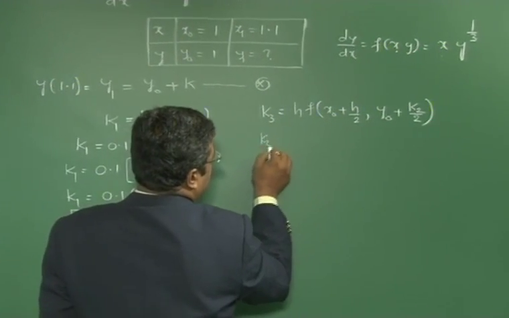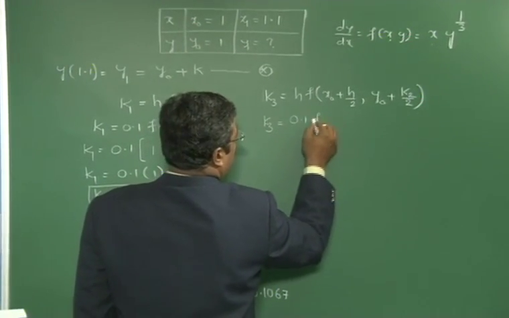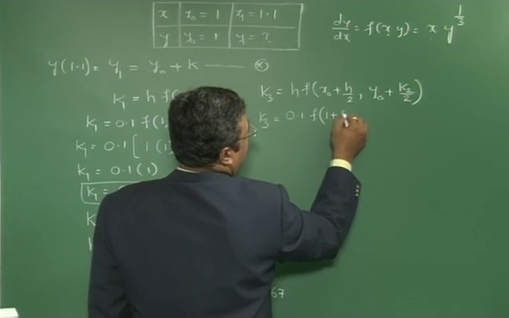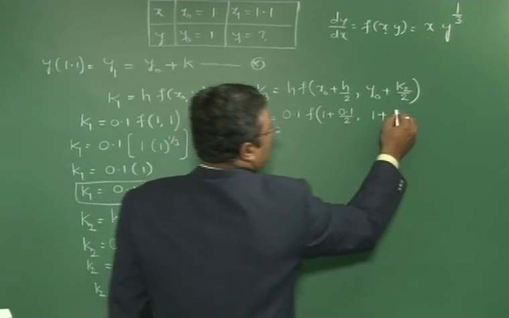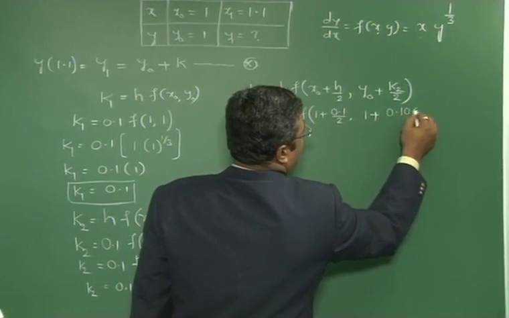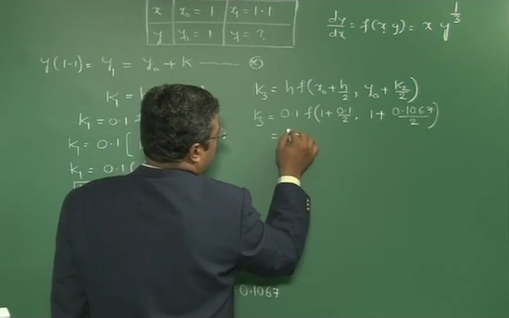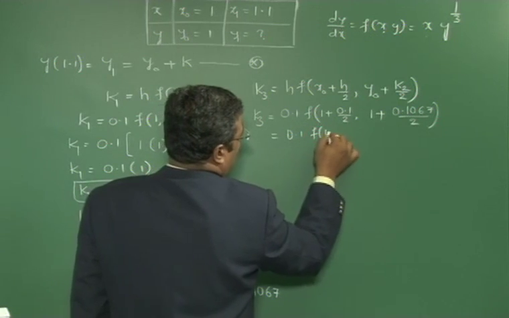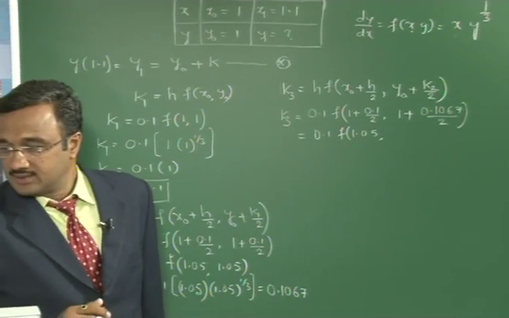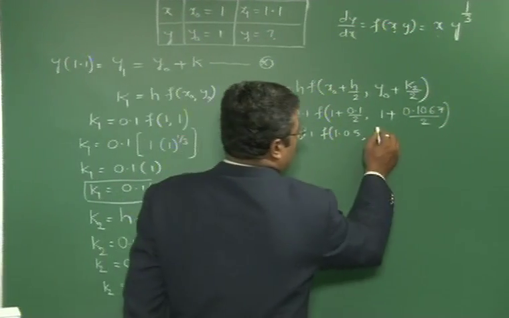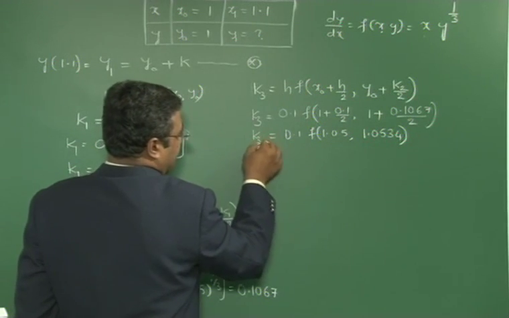It will give k3 equal to 0.1 f of 1 plus 0.1 by 2, comma, 1 plus 0.1067 divided by 2. Further simplification gives 1.05 comma 1.0534. This is the value of k3 input.